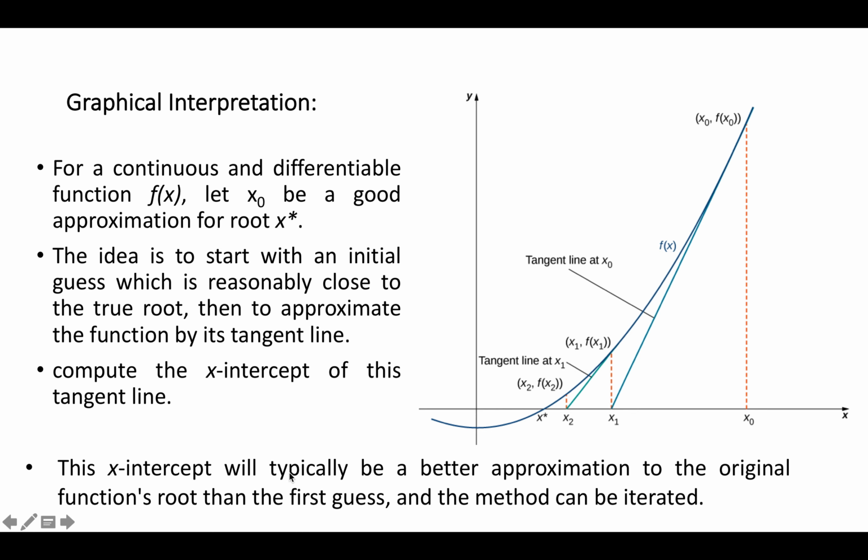This x-intercept will typically be a better approximation to the original function's root than the first guess, and the method can be iterated. So this is the first step. We have made an initial guess, from it we have calculated the second approximation to the root, and we keep on iterating until we get the required accuracy of the root.